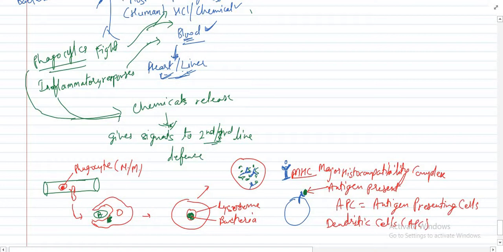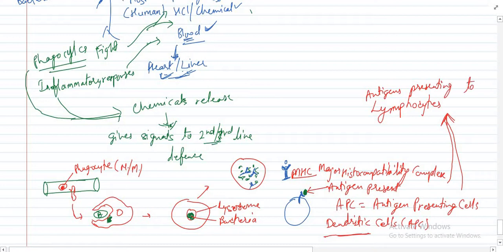They receive the antigen and present this antigen to other cells, and these cells are lymphocytes. So all these signals will be presented to the lymphocyte. Antigens presenting to lymphocytes.